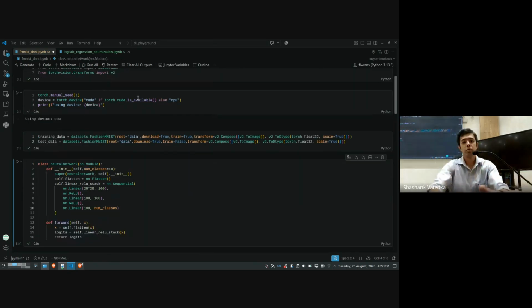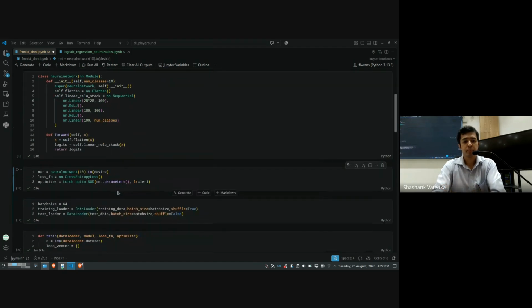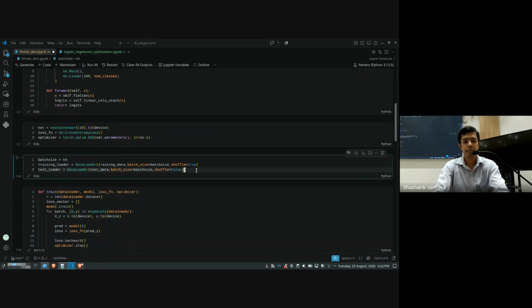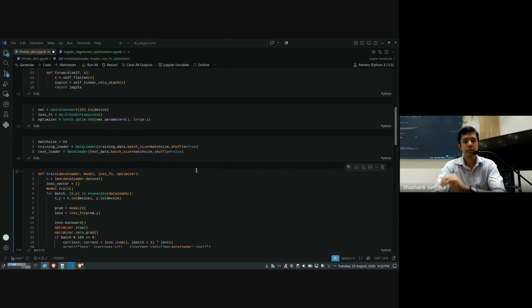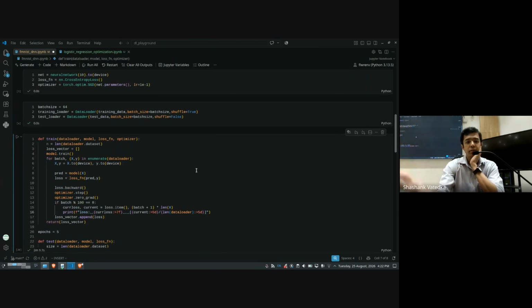In fact, all of this code is available on the PyTorch website itself. I'm just using that and nothing fancy.